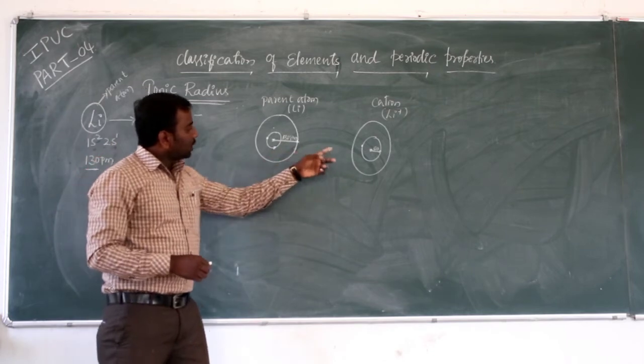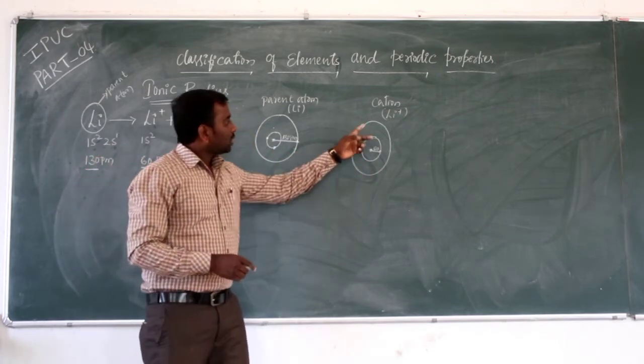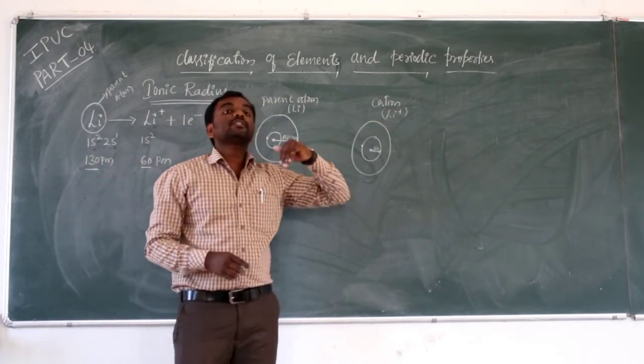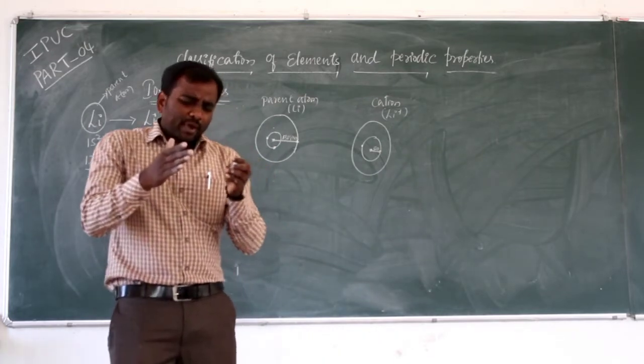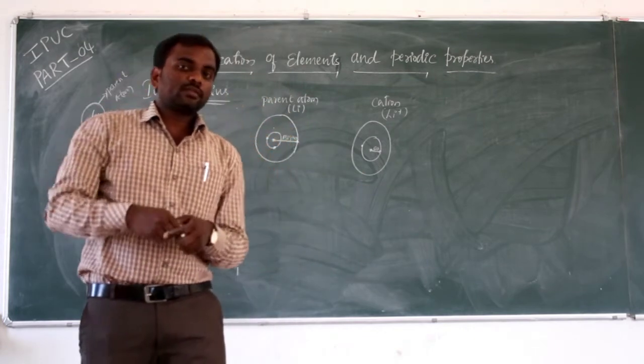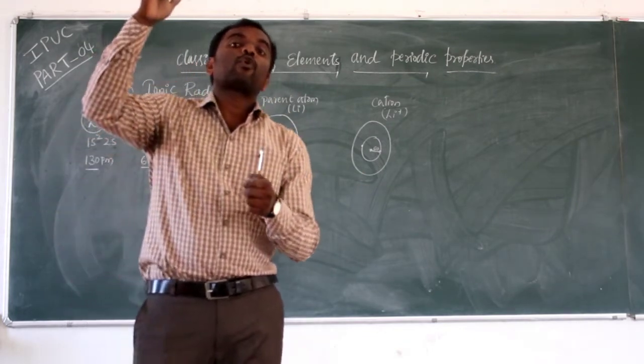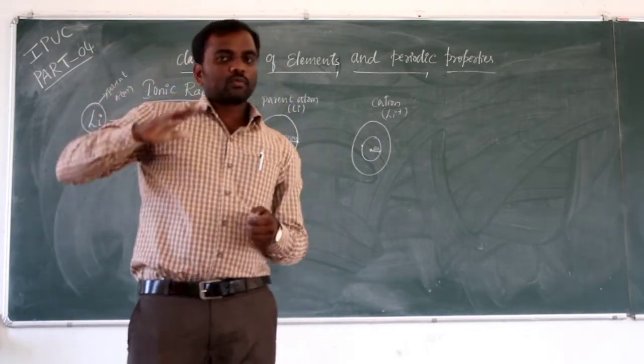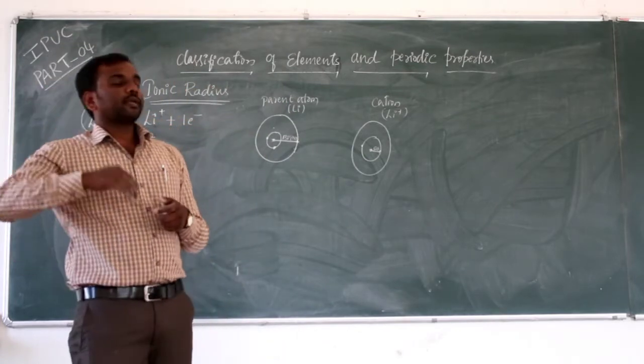Here in this lithium ion, the effective nuclear charge increases. See, what does effective nuclear charge mean? Effective nuclear charge means the positive charge due to the presence of protons in the nucleus, right?